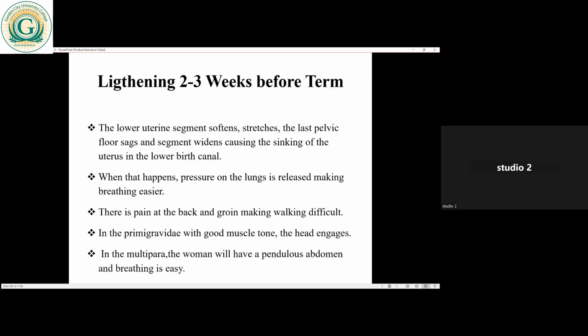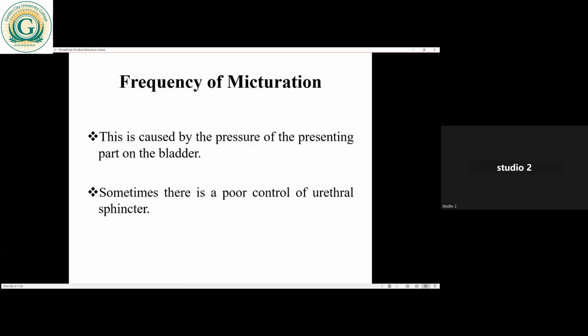So the lightening: the lower uterine segment softens and the baby goes down. When that happens, pressure on the lungs is released, and the pain of the back and everything is relieved. In a primigravida with good muscle tone, the head engages. Then you have frequency of micturition because of the pressure on the bladder.